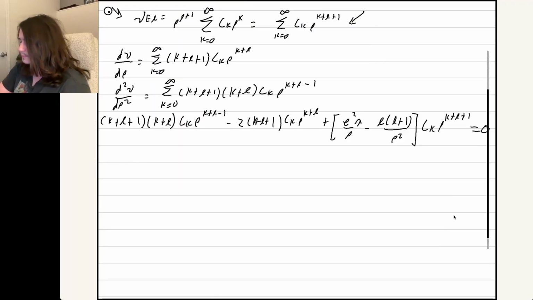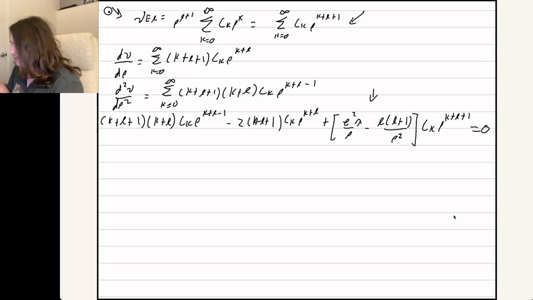So first I'm going to expand this out, acting on the rho stuff, and I'm also going to divide everything by rho to the L because it doesn't matter.